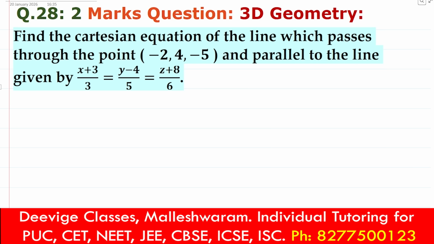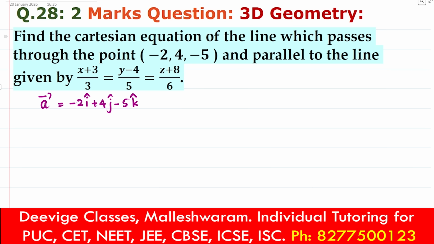Find the Cartesian equation of the line which passes through the point minus 2, 4, minus 5 and parallel to the line given by (x plus 3)/3 = (y minus 4)/5 = (z plus 8)/6. Passes through the point is nothing but vector A. Vector A is equal to minus 2 i cap plus 4 j cap minus 5 k cap.